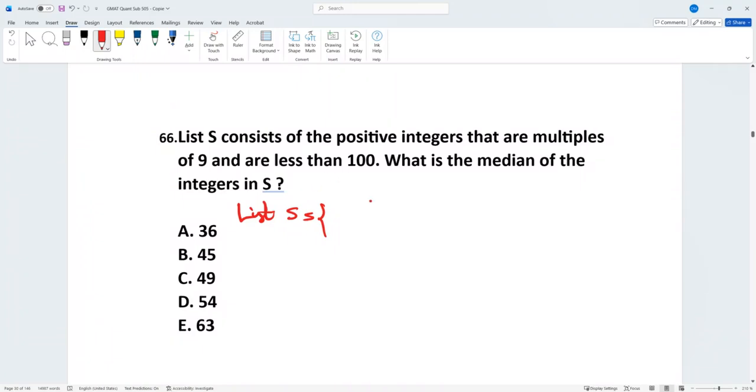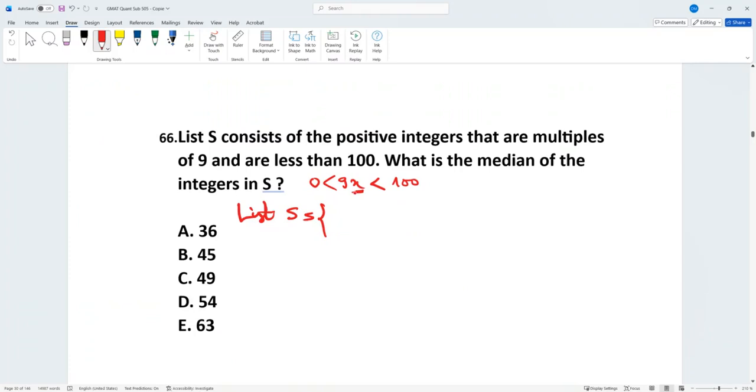So multiples of 9, so it's going to be like 9x, okay? And x is going to be a positive integer from 1 up to any number, so that 9x must be less than 100. So simply like this. Okay.